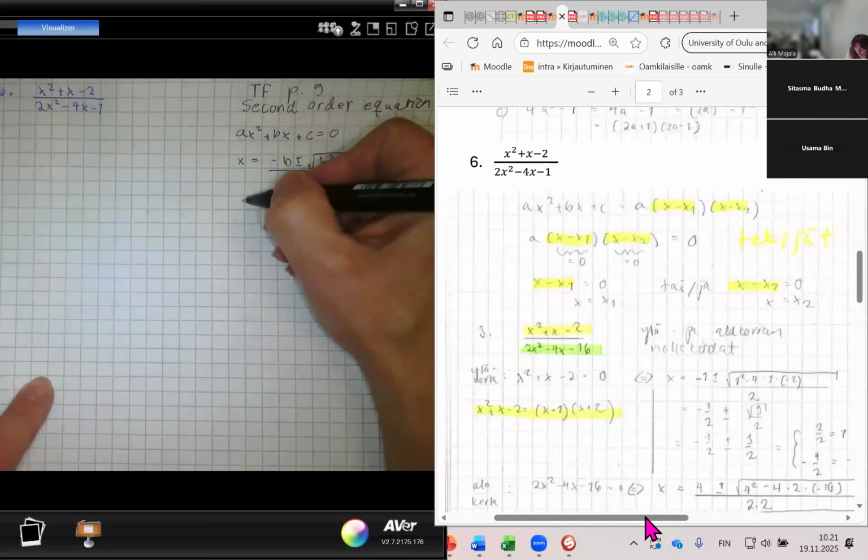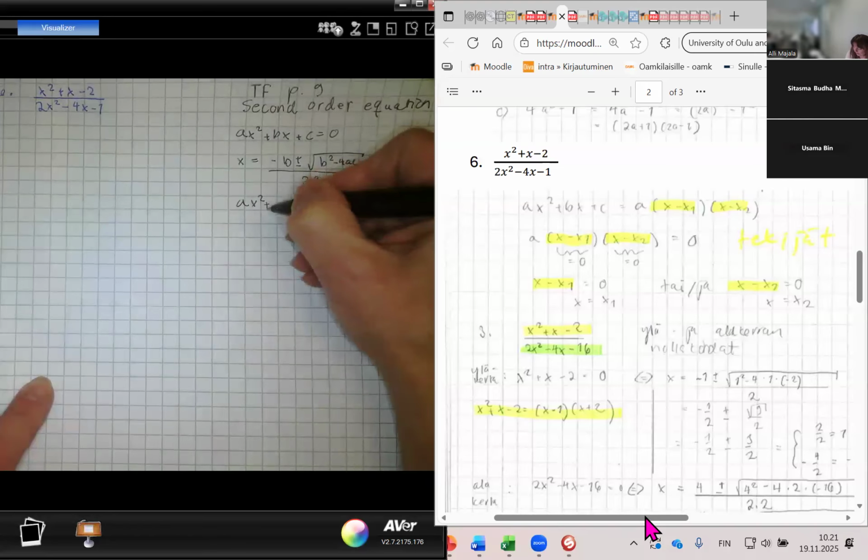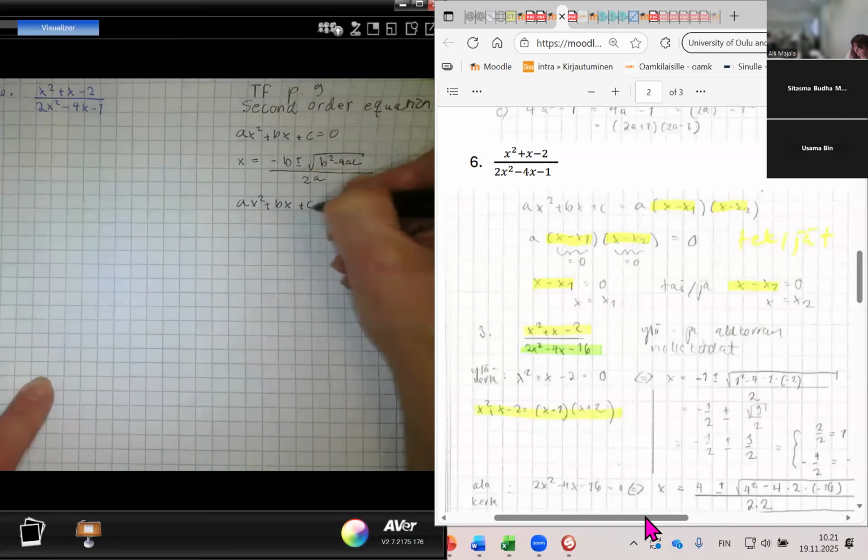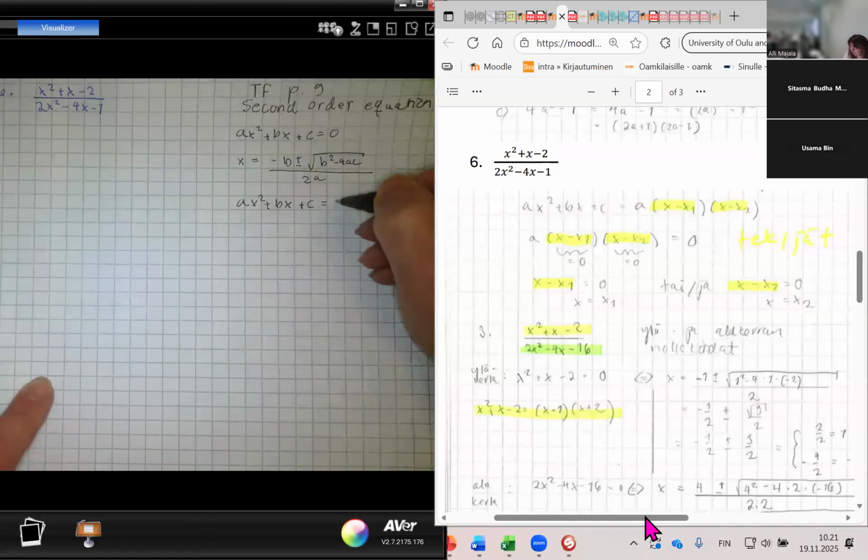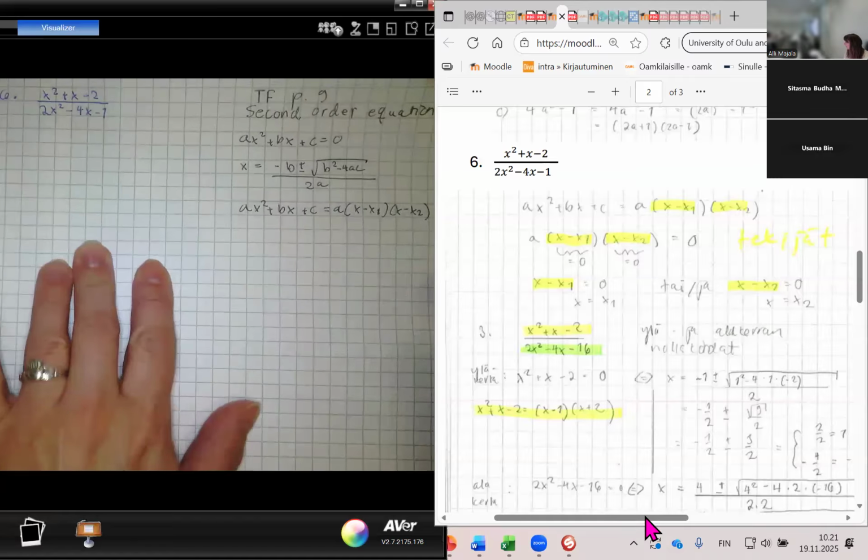So I know also from the technical formulas this kind of a dependency. This is the same as a times x minus x1 times x minus x2. And this is what I'm aiming for here.